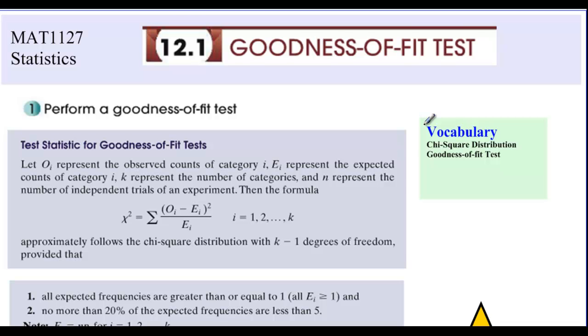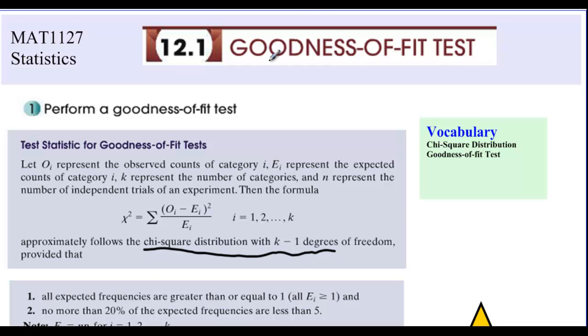Then the formula: chi-squared equals the sum of the observed value minus the expected value, squared, over the expected value. We're going to do this for all the categories, running from 1 through k. Also, make a note here that your chi-squared distribution has k minus 1 degrees of freedom. Again, k is the number of categories.